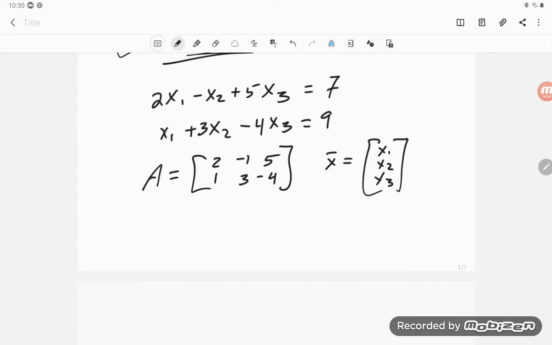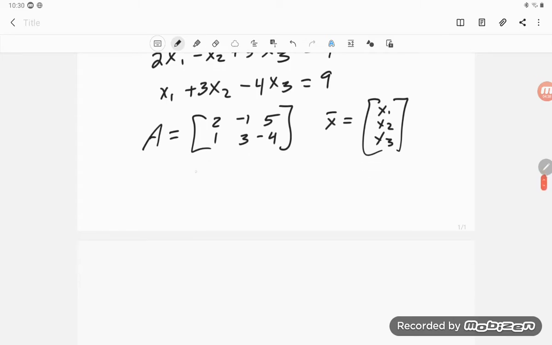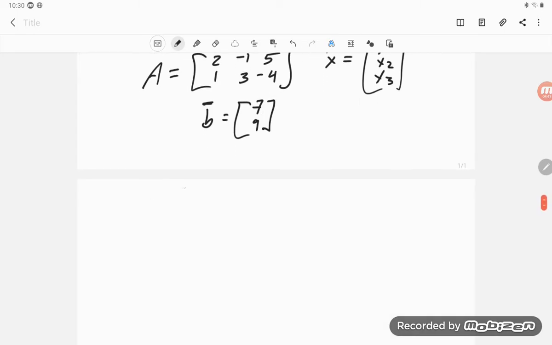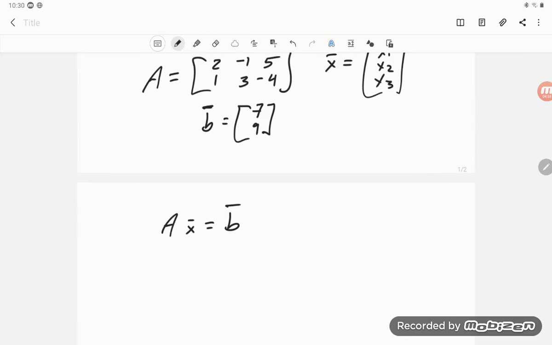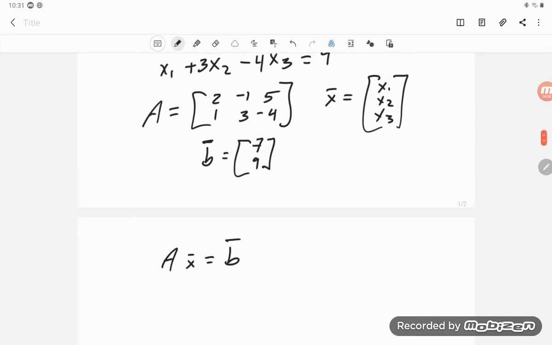And then typically we use a b, so we'll say our right-hand side b is the vector 7, 9. And what we're trying to solve is the matrix equation AX equals B. And so we can write that linear system as a single matrix equation.